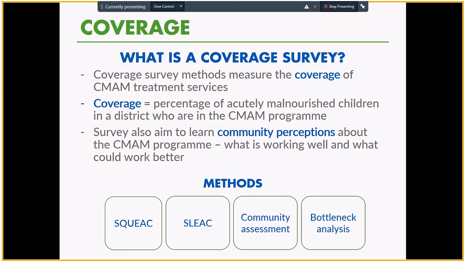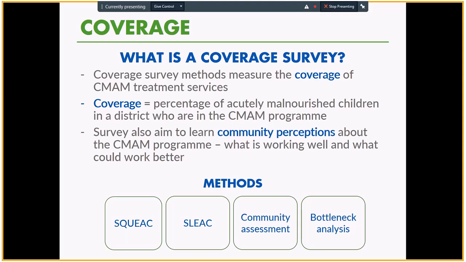Okay, so that's a coverage survey. There are a couple of different methods that we use. Here are some acronyms that I won't ask you to remember now. SQUEAK is the central and most commonly known method. It's best used for a district level, quite a small or low level coverage assessment, and it stands for semi-quantitative evaluation of access and coverage.